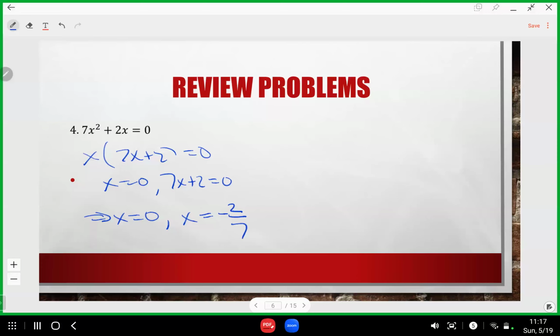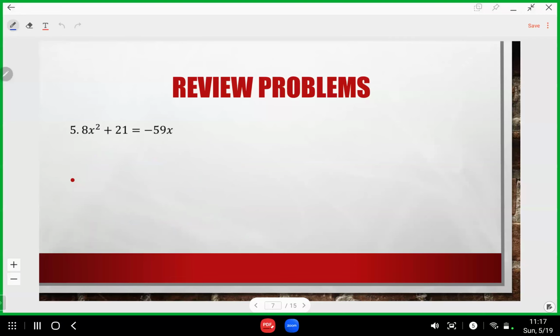Like this, because you set this one to 0 and you solve for x, and it is pretty clear. Last one here.